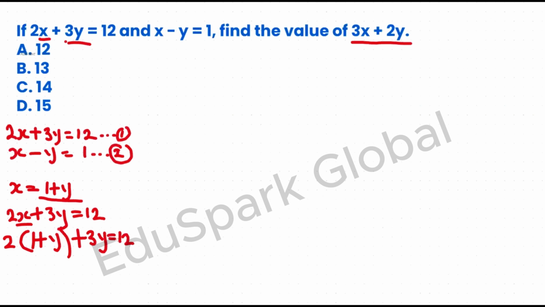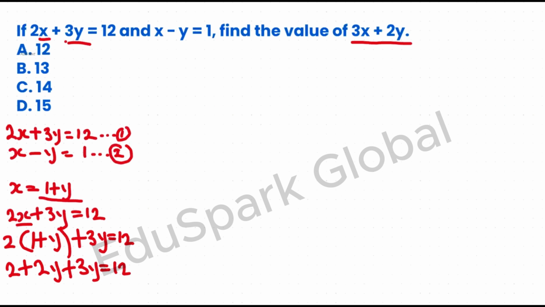Let's open the bracket. We have 2 plus 2y plus 3y equals 12. 2 times 1 gave us this 2. 2 times y gave us 2y. So we repeated this 3y and 12.